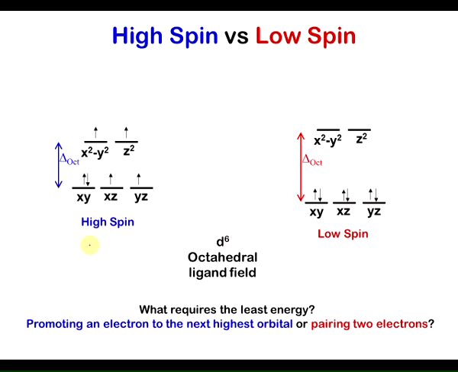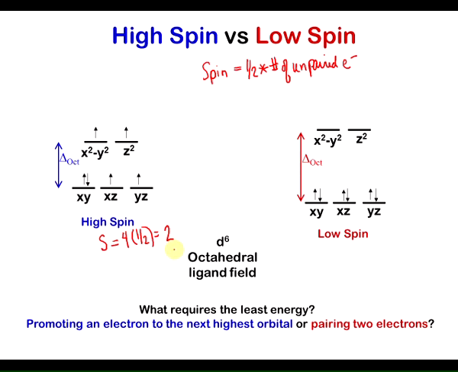And the spin value is equal to 1/2 times the number of unpaired electrons. So in the high spin case, we have 1, 2, 3, 4 unpaired electrons, 4 times 1/2. So the spin value is 2.